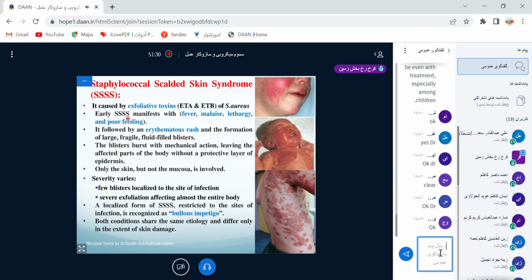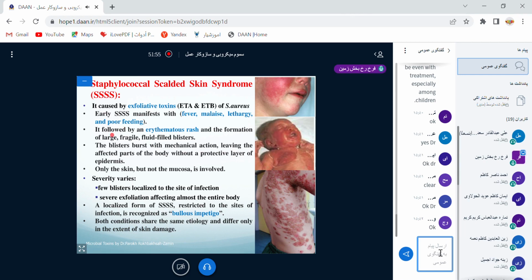Early staphylococcal scalded skin syndrome, or 4S, starts with fever, malaise, lethargy, and poor feeding. Don't forget, we are talking about children, about infants.